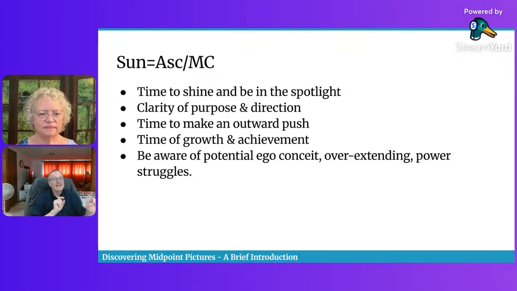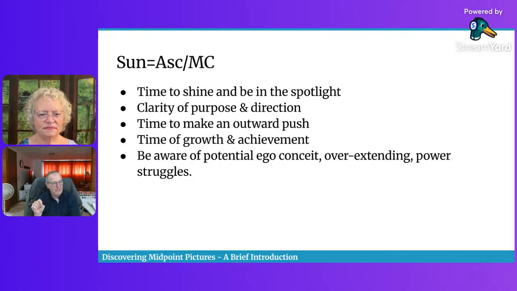Okay, so with the sun, obviously the sun is the center of who you are. That's your core being, that's your purpose, that's your reason for being here. And that sun is going to shine on all of the planets in your particular solar system, aka your natal chart.